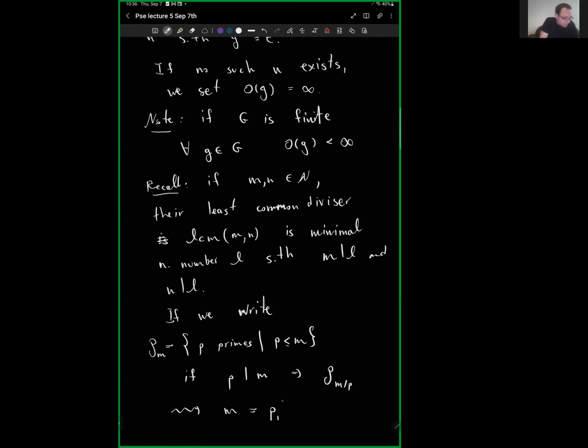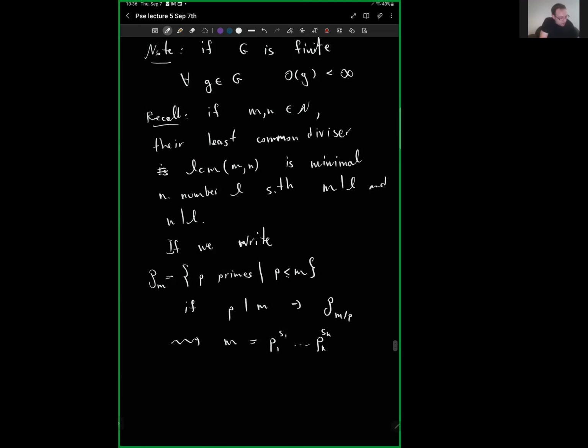So I write it like this: p1 to the s1, up to pk to the sk, where p1 up to pk are primes, and s1 up to sk are integers which are bigger or equal to 1.